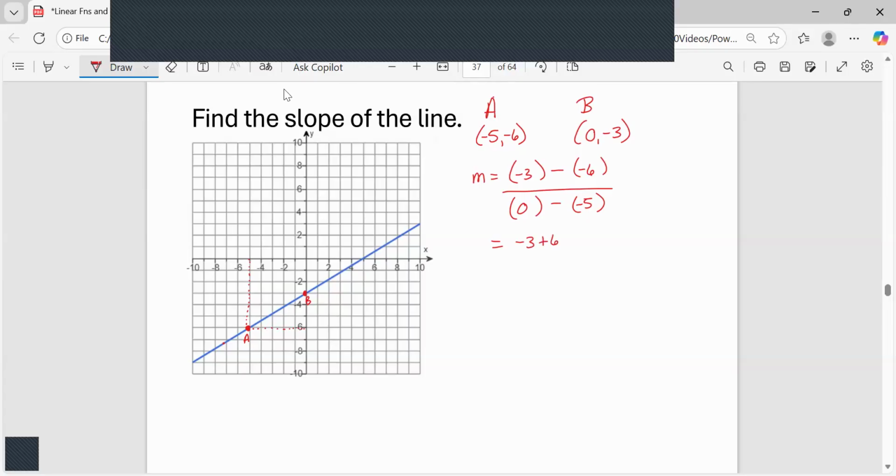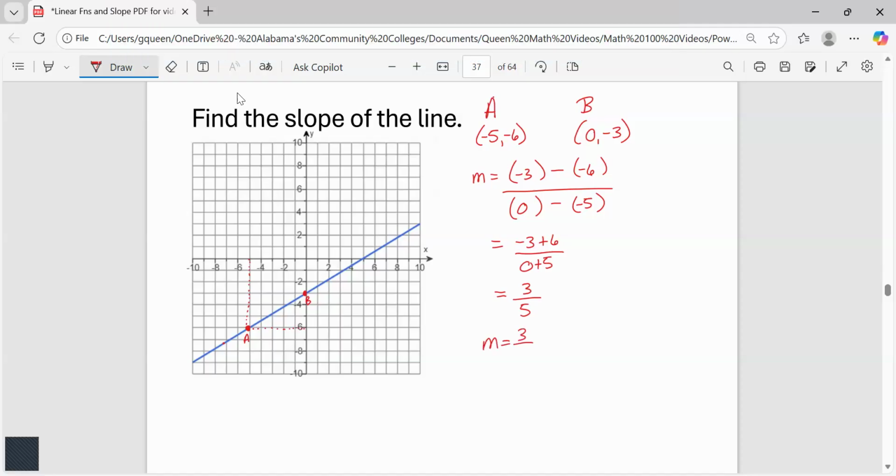Again, we've got this double negative thing going on in the numerator, so it's a +6. And I have 0 minus a -5, again a double negative there, so we write +5. So -3 plus 6 is positive 3, and 0 plus 5 is 5. So my slope is 3/5.